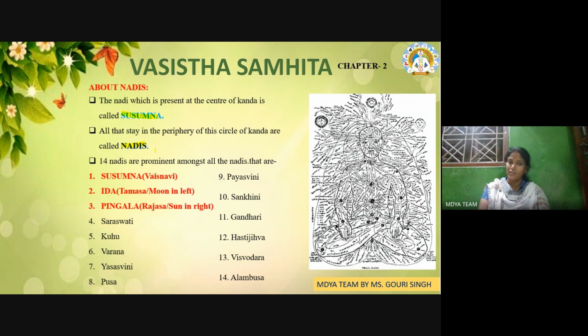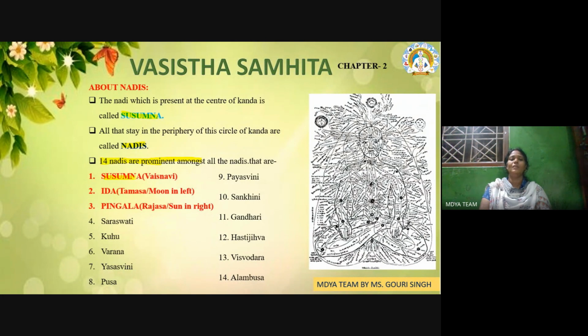So there are different types of nadis, as discussed previously, 72,000 nadis. But here Vasishtha clearly says that 14 nadis are most prominent among all of them. What are the 14 nadis?